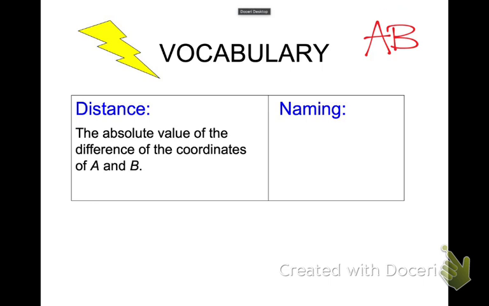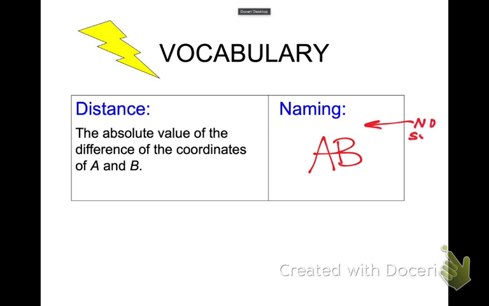When there is no symbol above it, that means something: it means distance. So if I'm looking to find the distance between 2 points, I'm going to list those 2 points with no symbol. So notice that there is no symbol above. No symbol above means I'm looking for the distance between those 2 points.